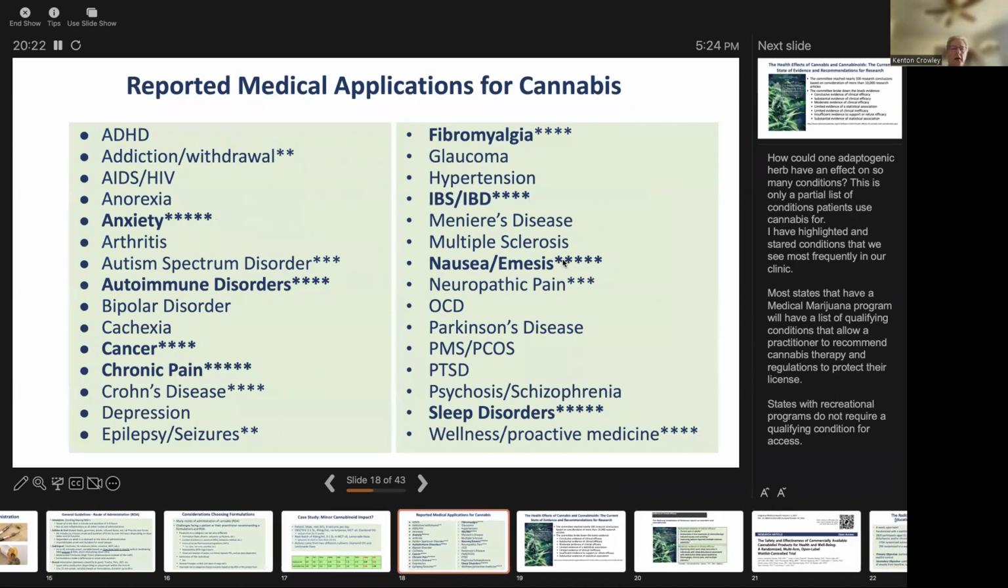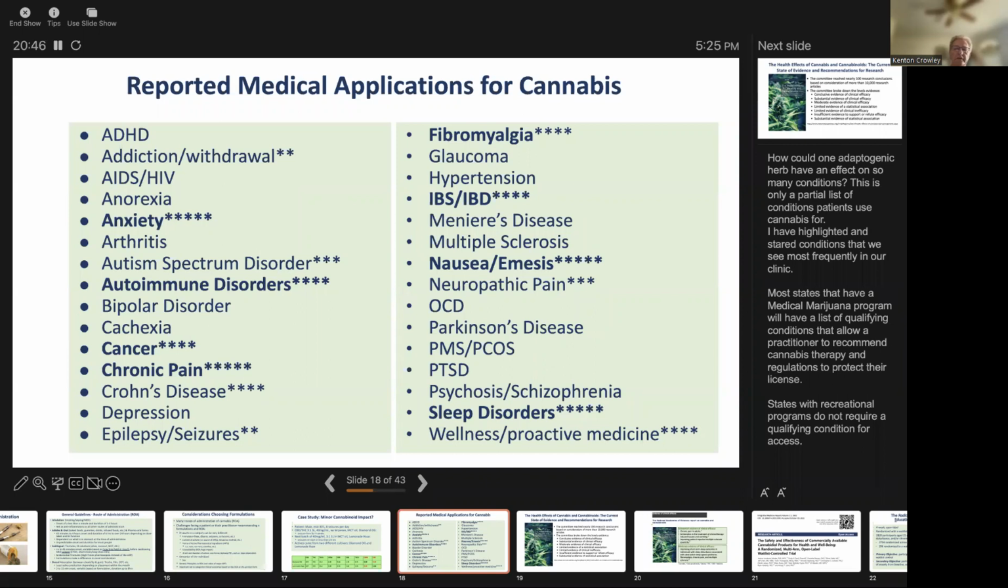So you wonder how an adaptogenic herb can have an effect on so many conditions. And this is only a partial list. I've highlighted the conditions, starred them based on the conditions we see most frequently in our Huntington Beach clinic.